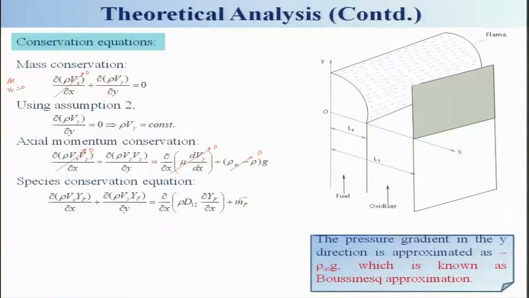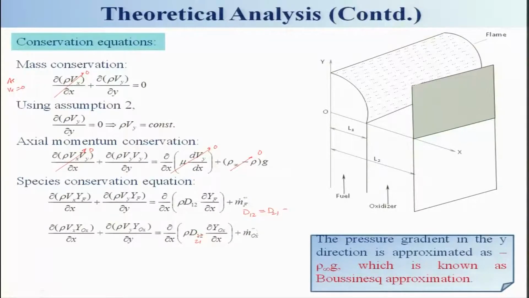And similarly, for the oxidizer we can have it in the similar way. Keep in mind that both D's are the same; I could have put D_12 equal to D_21. It could have been 2 1, that is why I am putting that 1 2.